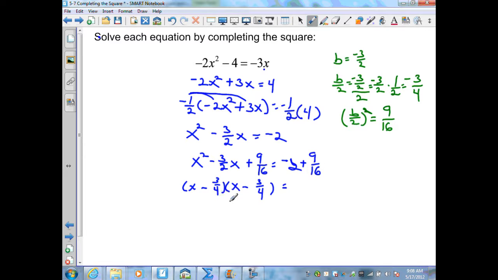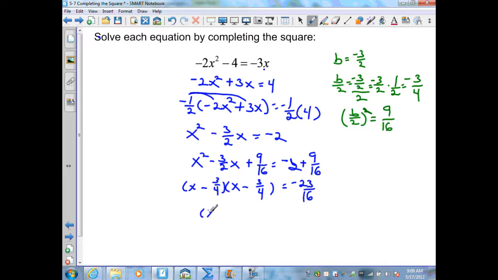But a negative 3/4 x minus 3/4 x is going to give me 6/4. But when I simplify 6/4, that'll be 3/2. On this side, a common denominator is going to be 16. I'll multiply the top and bottom of this by 16. That gives me a negative 32 over 16. A negative 32 plus 9 is going to give me a negative 23 over 16.